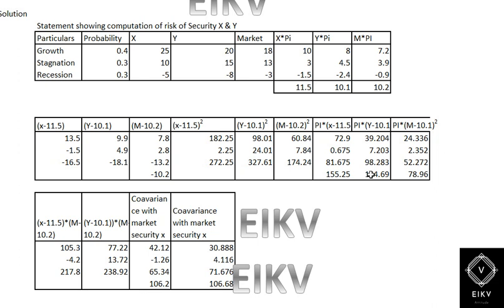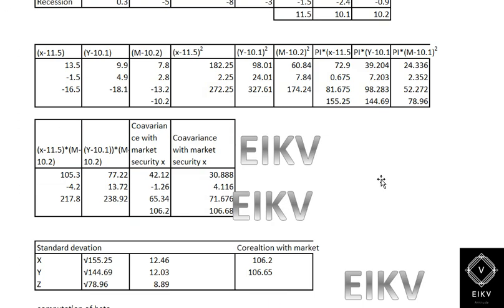So the variance would be 155.25 for X, 144.69 for Y, and 78.98 for the market. When we take the square root, we get the standard deviation.